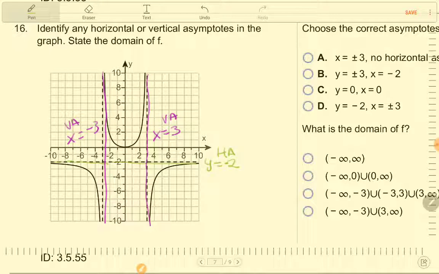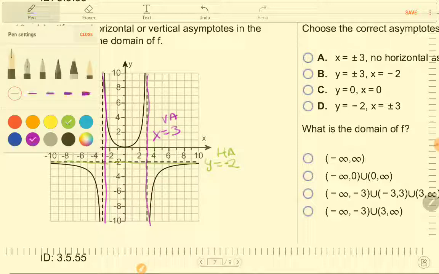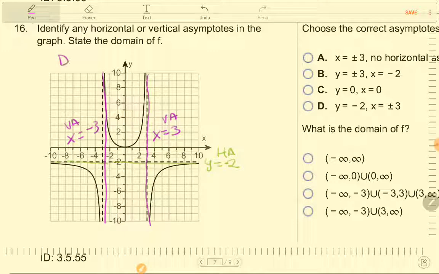Well, the domain is what x values can be, or restrictions on x. So the domain based on the vertical asymptotes is x values from -∞ to -3, -3 to 3, and 3 to infinity.